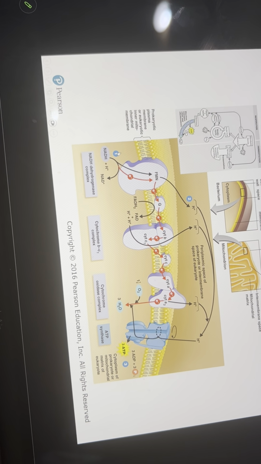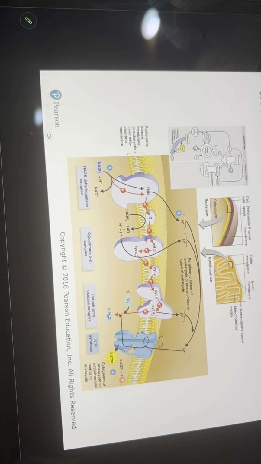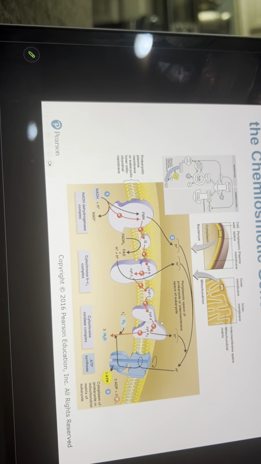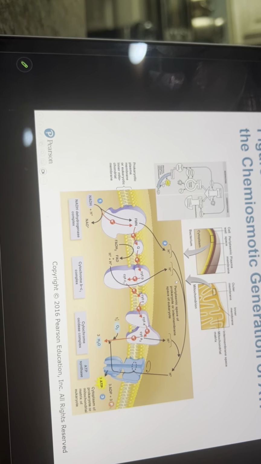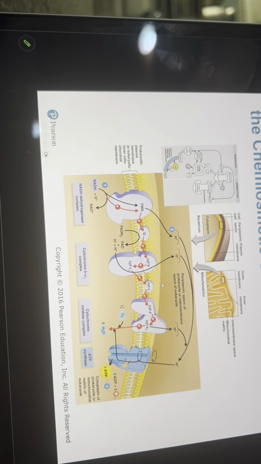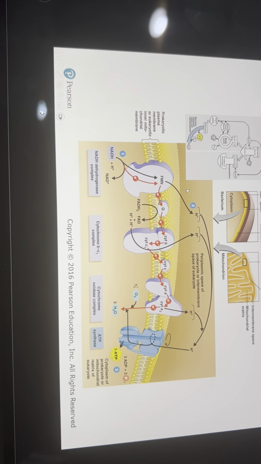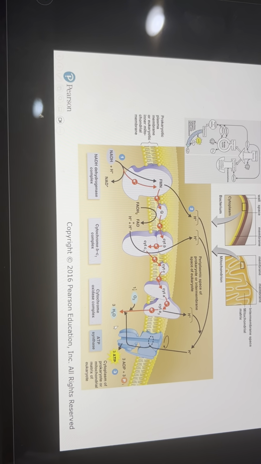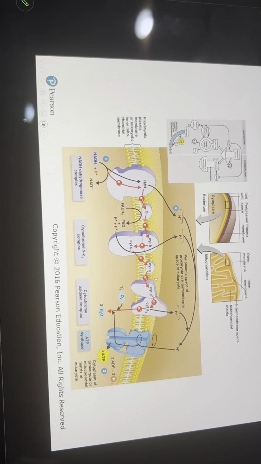So these complexes move electrons, and when they move electrons, it powers these pumps. They're going to pump the hydrogen to the other side of the plasma membrane. Ultimately what they're doing is creating a concentration gradient: high H plus out here, low in here. That is called potential energy, the ability to potentially do something or do work.